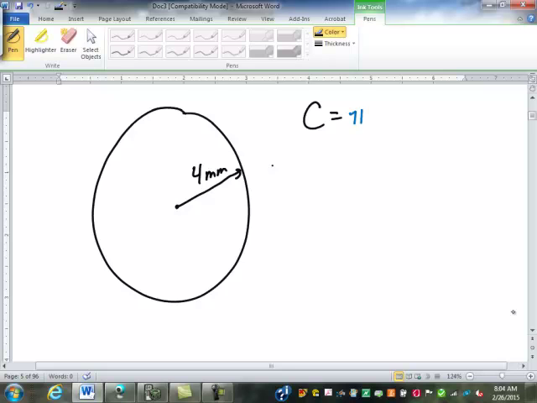Pi times diameter. Yep. The diameter in this case would be 8, right? So pi times 8 is going to be approximately 25.12 millimeters. It's 25.13 if you use the pi button, and 25.12 if you use 3.14.